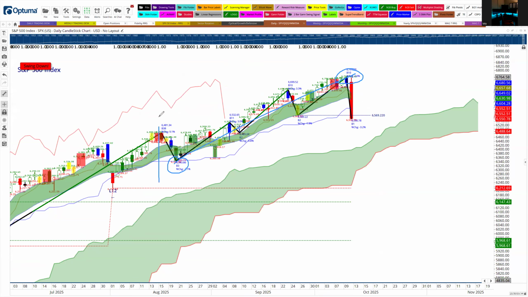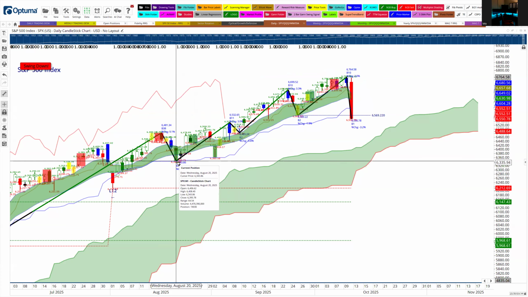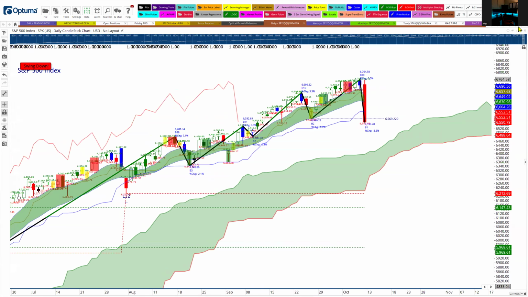Okay, so we're just gonna focus from here to here. There's plenty of price action from here. If you just literally measure this move, 6.63% range.